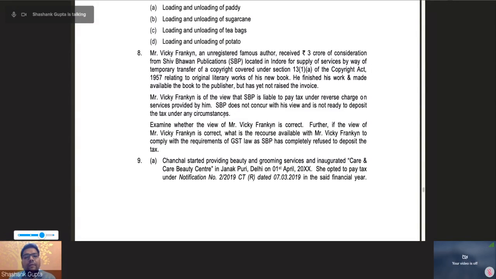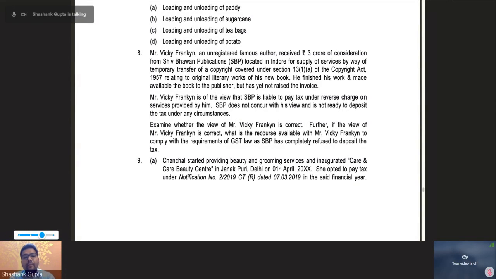Examine whether the view of Mr. Vicky Franklin is correct. Further, if the view of Mr. Vicky Franklin is correct, what is the recourse available with Mr. Vicky Franklin to comply with the requirements of GST law, as Shiv Bhavan Publications has completely refused to deposit the tax?